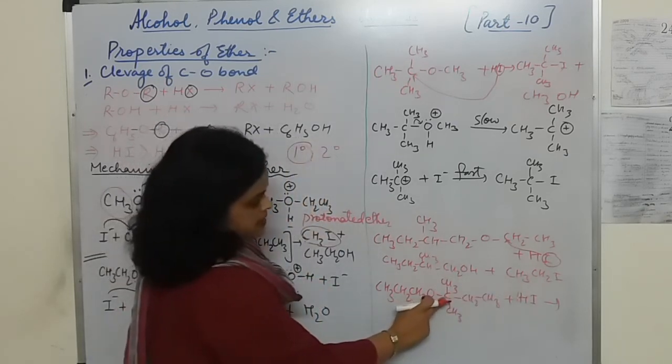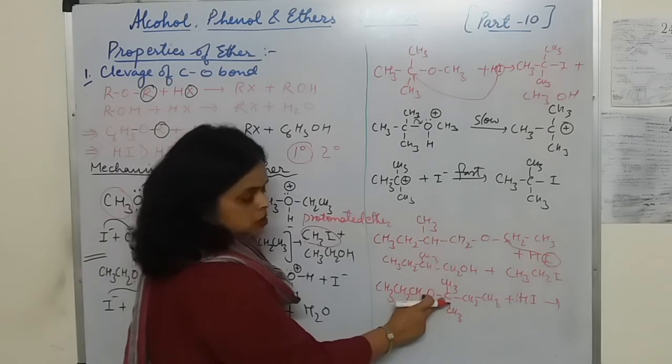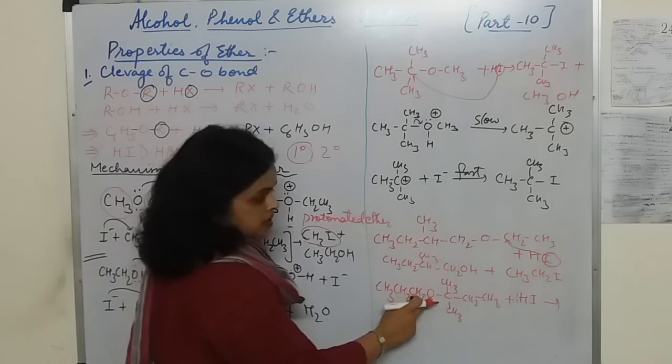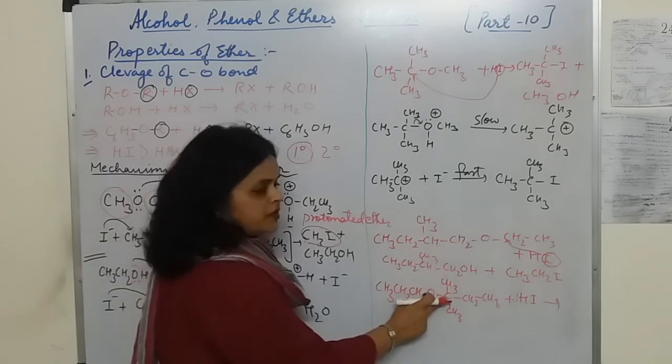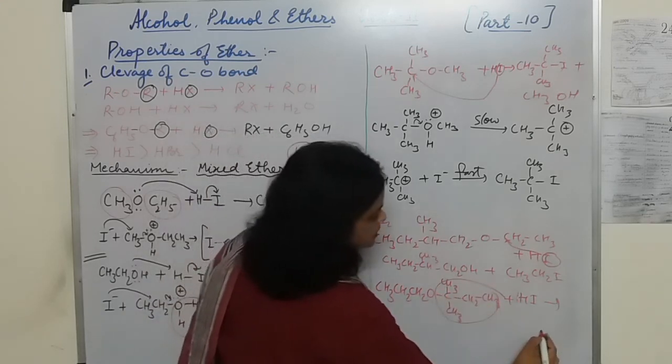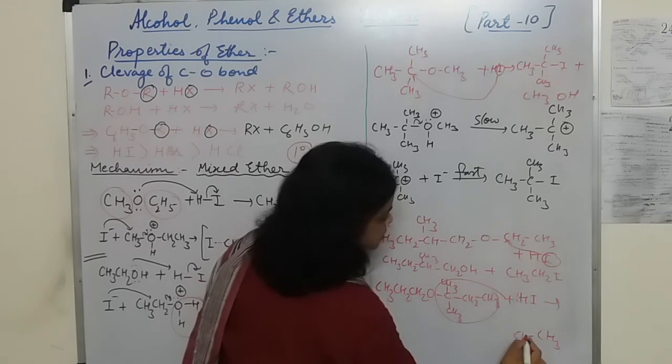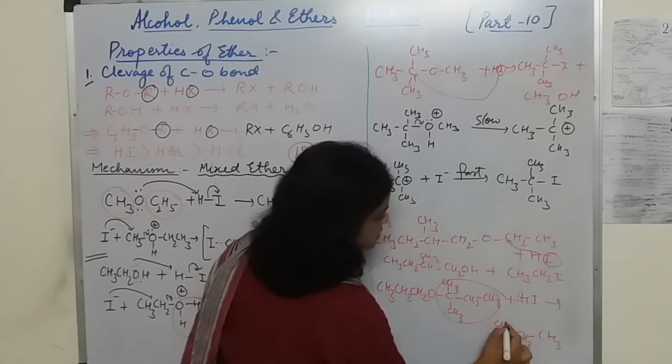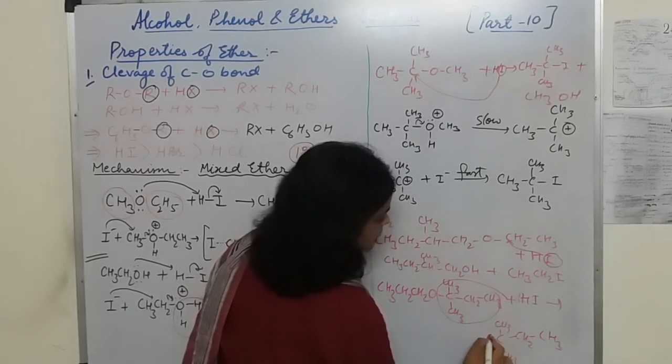So here we can say the carbon attached to the oxygen on this side is tertiary and the carbon attached to the oxygen on the other side is primary. So it will prefer the tertiary one. So which alkyl halide is going to be formed? This one, CH3CH2C(CH3)2I.